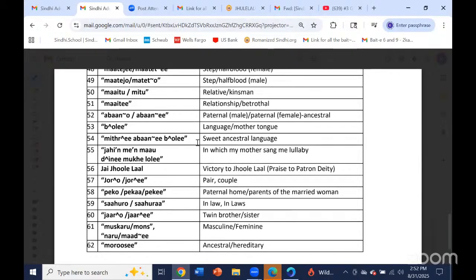Ma Pupati घर में, let's see how, I don't know how to say this right.